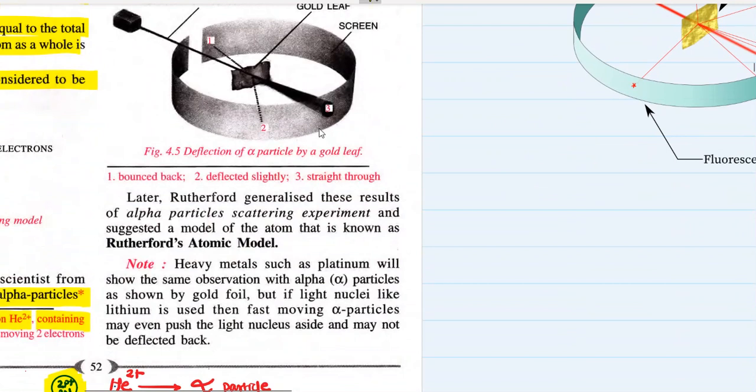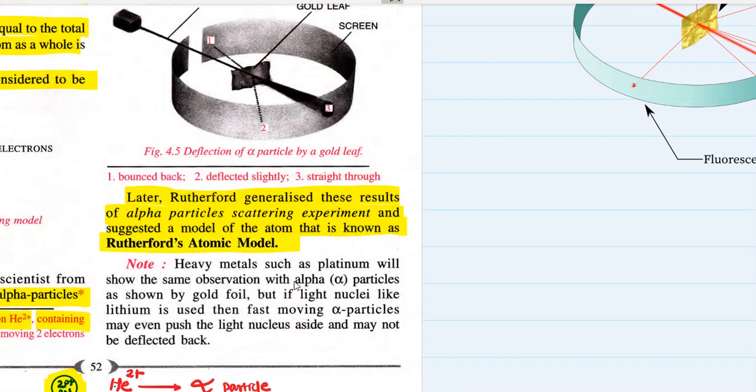Later, Rutherford, let's come back to our topic. A lot of information I have given you regarding Rutherford's alpha particle scattering experiment. Now, what happened? Later, Rutherford generalized the results of the alpha particle scattering experiment and suggested a model of the atom known as Rutherford's atomic model.